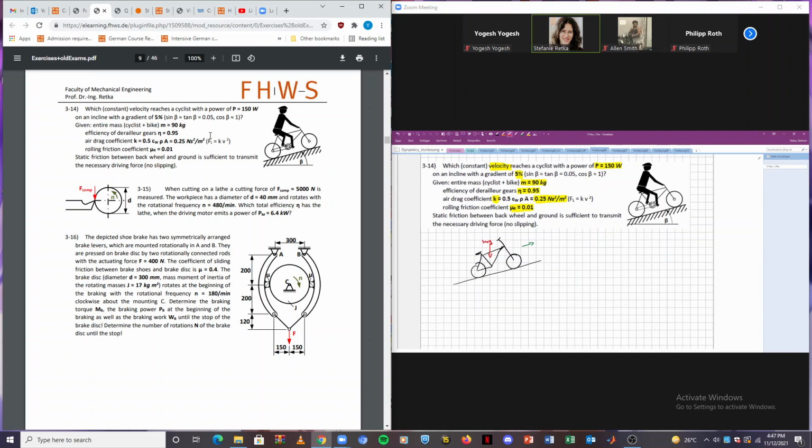Then we have a normal force on front and back wheel. NB for back wheel, NF for front wheel. We have static friction between tire and road.